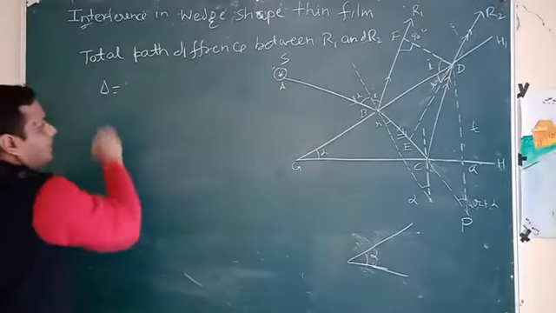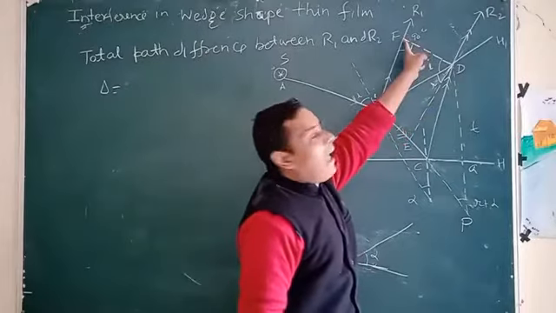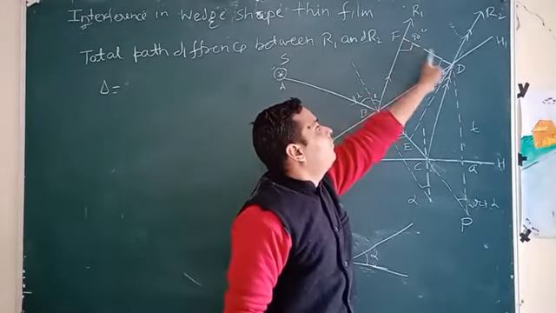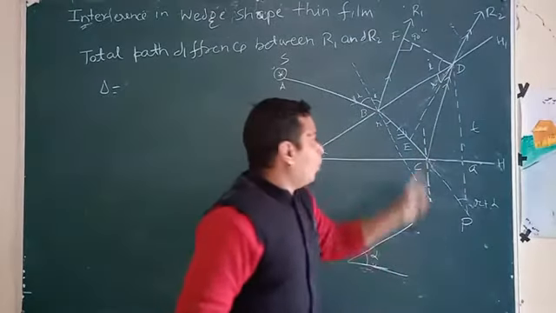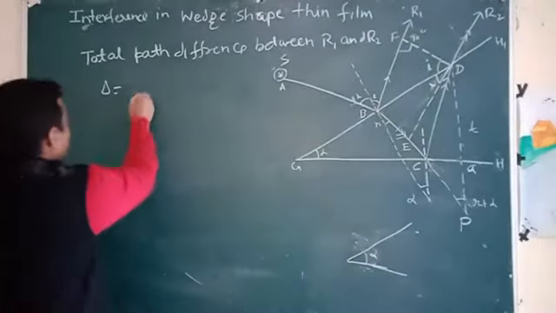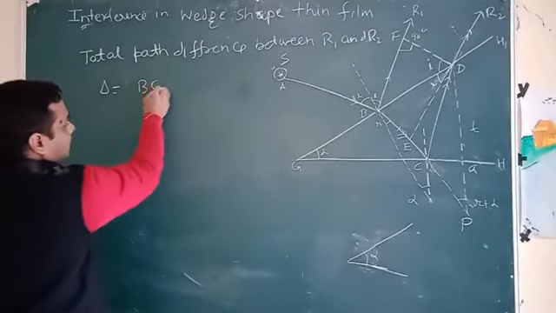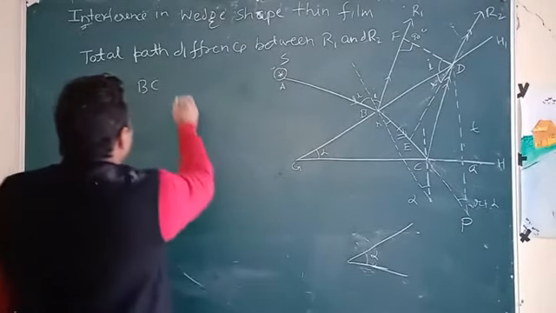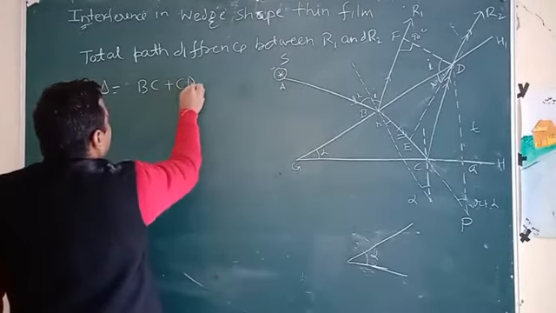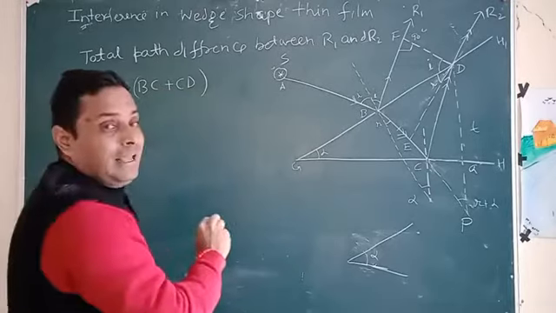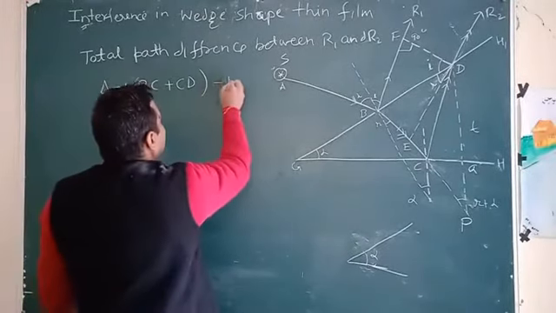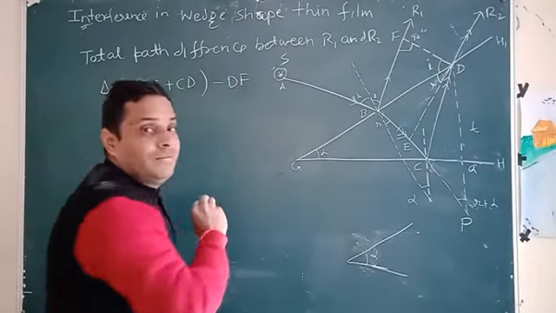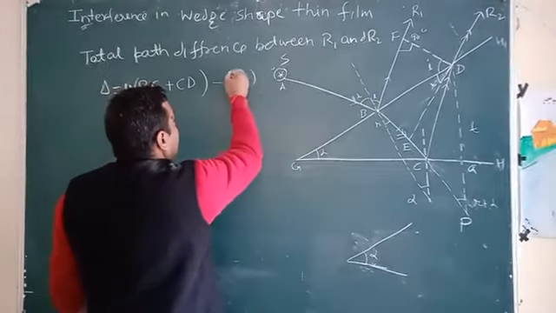Delta is, here we have seen that after F these two rays cover equal paths. So the total path difference is BC plus CD in the film minus DF in air.